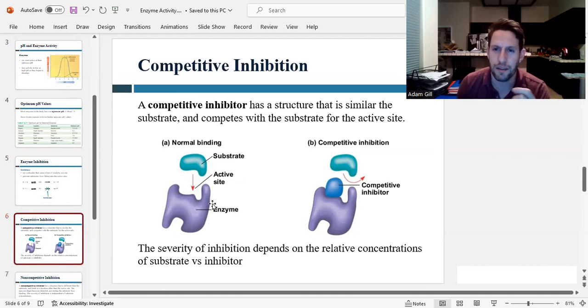And so competitive inhibitors are often like mild poisons, like in foods, where you might get sick if you eat the food, but you're only sick for a little while and it kind of goes away. It's only really serious if you eat like a ton of it. And that's because it's competing with a regular substrate. And so it's only really dangerous if you have a lot of that competitive inhibitor in your system at once.